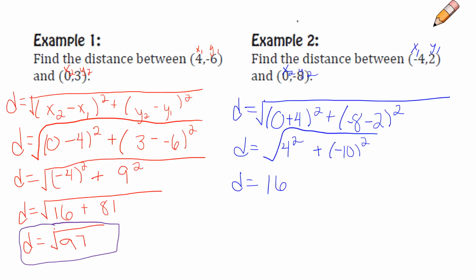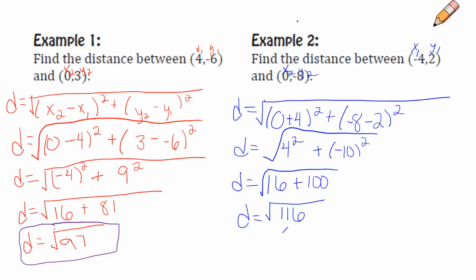And 4 squared is 16. Negative 10 squared is 100. Square root of 16 plus 100 brings us down to our last steps. Square root of 116, because 16 plus 100 is 116. And now we have to think here. So what factors or perfect squares are factors of 116?